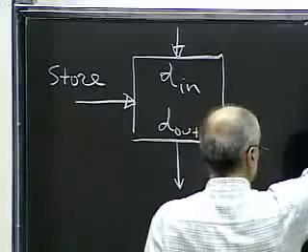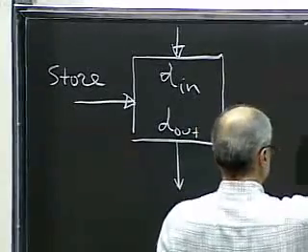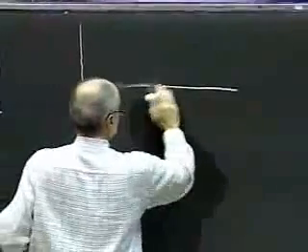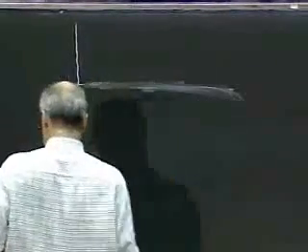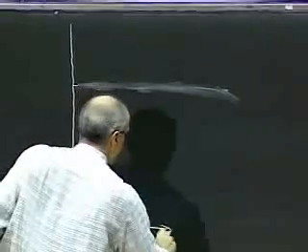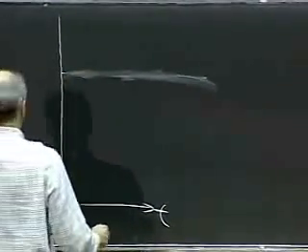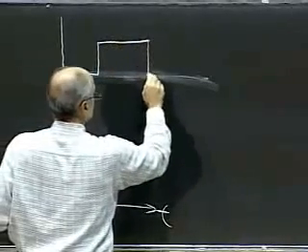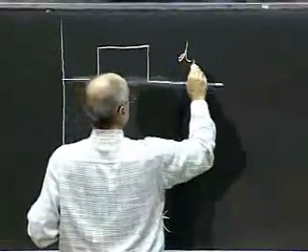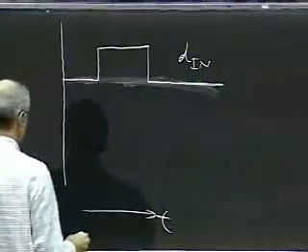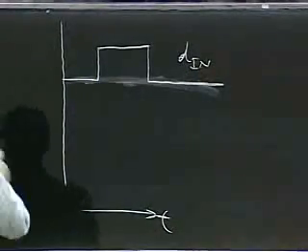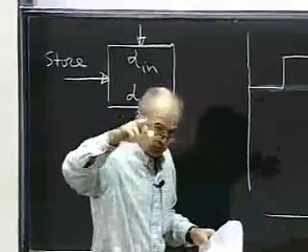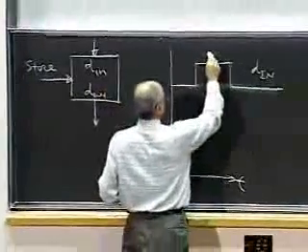So if we were to make a drawing of what this looks like, let me do all this in one axis. So time moves this way. Let's suppose that we have an input D in that looks like this. And the store command comes in the form of a logic 1.